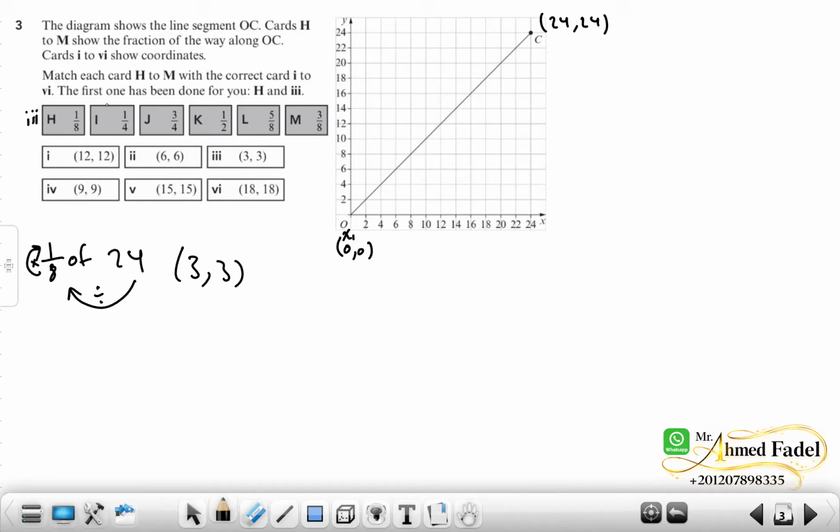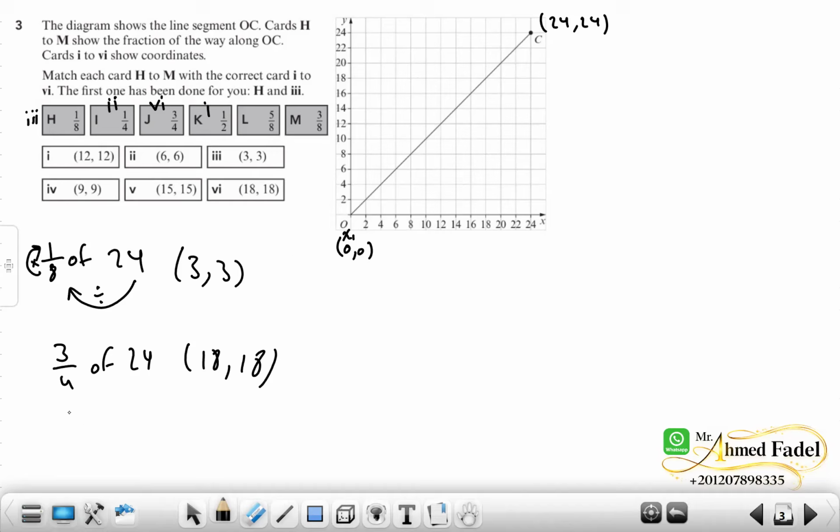It gives you 6, 6, which is I. 3/4 of the line: 3/4 of 24. 24 divided by 4 is 6, times 3 gives you 18, 18, which is VI. 1/2 of the line is 12, 12, which is just I.